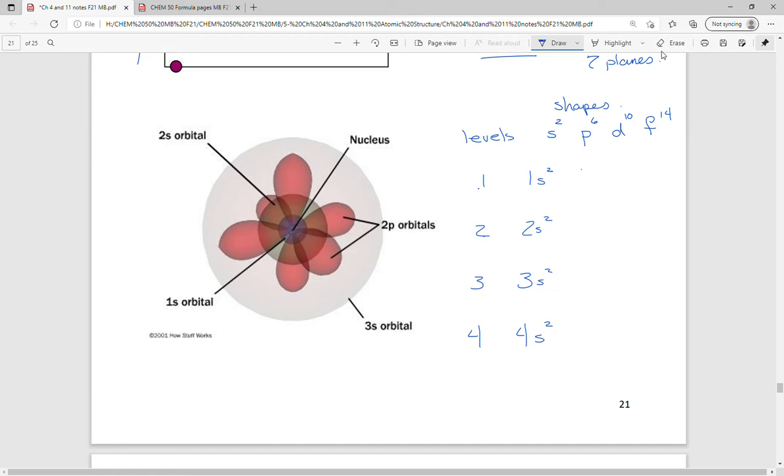The first energy level could hold 6 electrons. The second energy level, I'm keeping that p6 the same. The third energy level, still the same. Fourth energy level, still the same. The D energy levels, I'd have my first energy level of the D shape holding up to 10 electrons. The second holding up to 10 electrons.